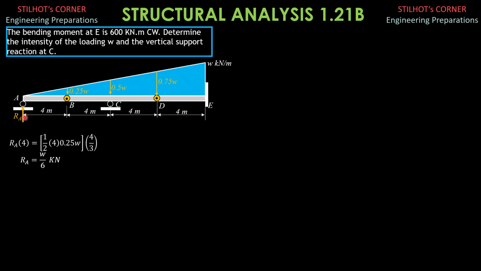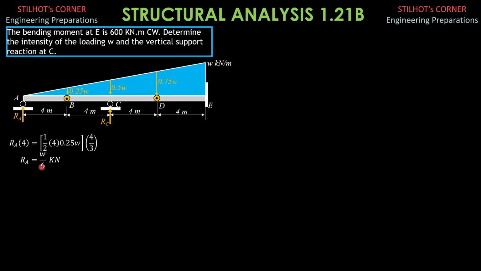Having found RA, we then consider A, B, C, D up to D. We are not revealing joints B and C or interhinges B and C, so don't mind. And we now have R sub C here. Then take note RA is W over 6, so clockwise positive.